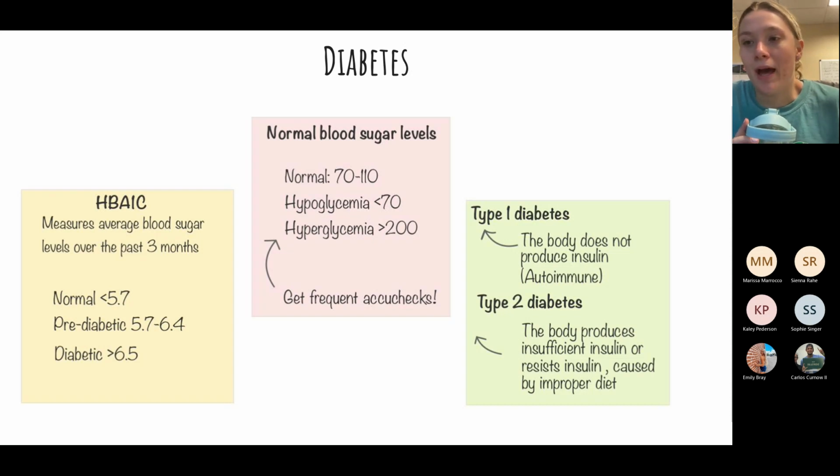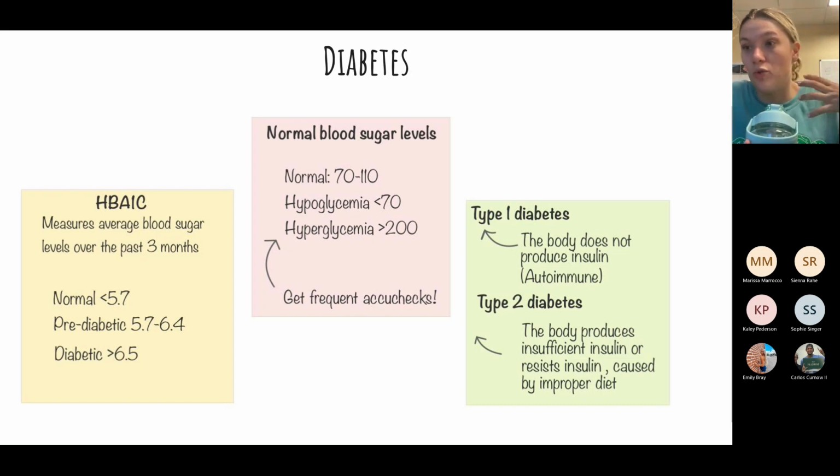If you remember back to patho, insulin is our lock and key that helps us absorb blood sugar. With type 2 diabetes, my body produces insulin. It just doesn't produce enough insulin, or my body is simply not sensitive to the effects of insulin, meaning insulin just doesn't do anything to my body.